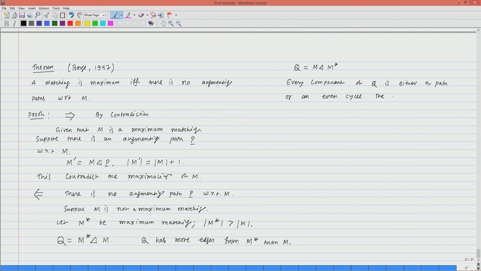So, the edges of every path and cycle in Q alternate between edges of M minus M star and M star minus M. So, now it is easy to understand all this statement, because we have just now observed all this thing using an example.